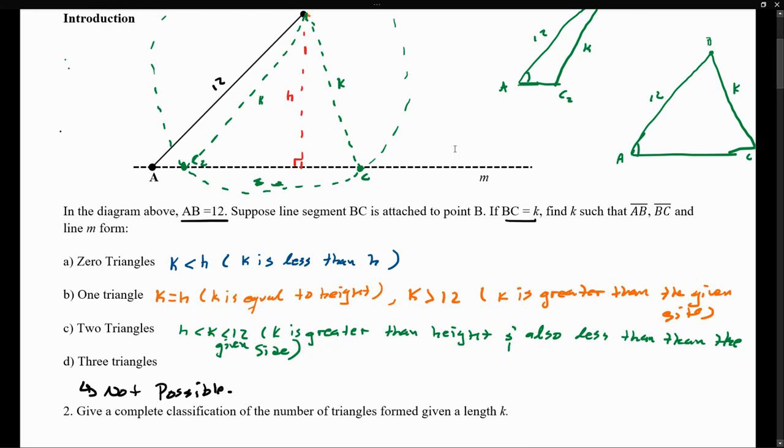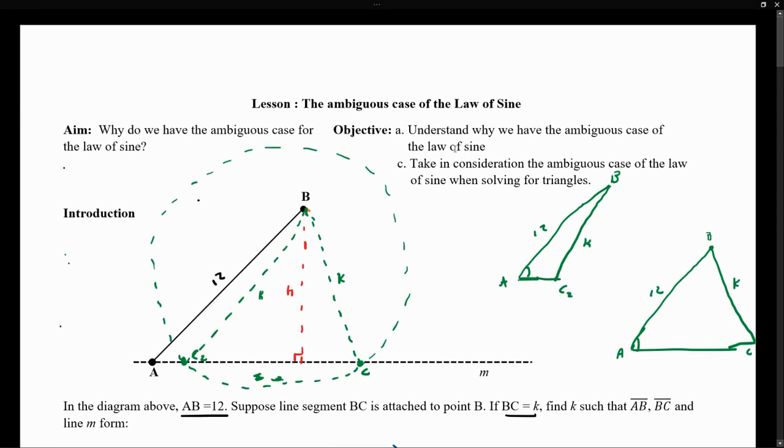And again, notice that the way this information is given to us, it is always given in terms of side, side, angle. So remember from our previous lesson that we stated that we cannot use side, side, angle to show congruency among triangles.